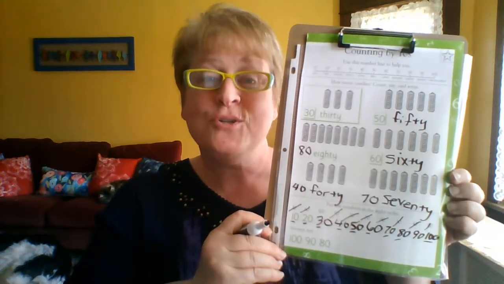And then that's 80. What's after 80? 90. Good job. And what's the last one? 1 10, 2 10s, 3 10s, 4 10s, 5 10s, 6 10s, 7 10s, 8 10s, 9 10s, 10 10s, yes, 10 10s and 0 1s. We counted up to 100. So let's do that. 10, 20, 30, 40, 50, 60, 70, 80, 90, 100.